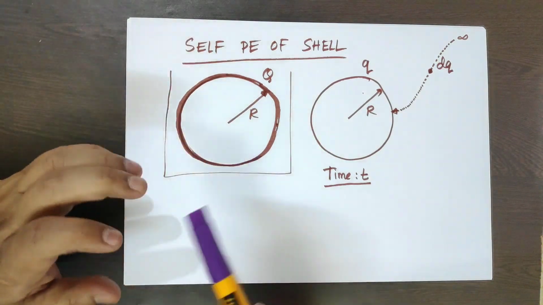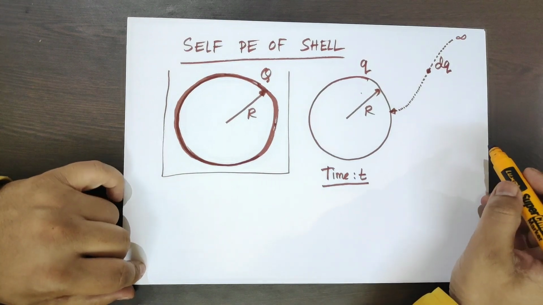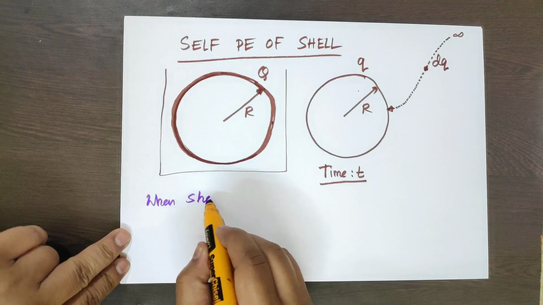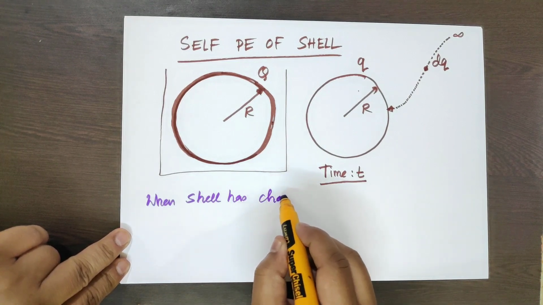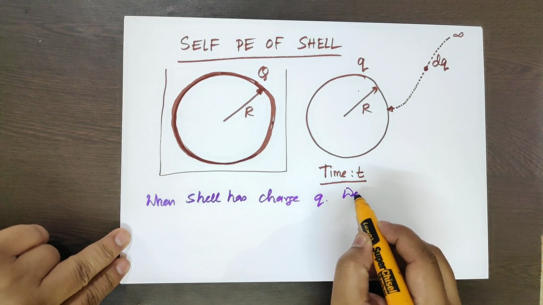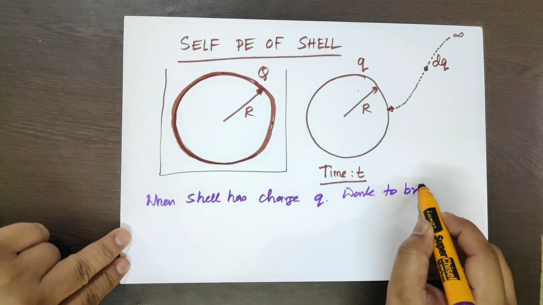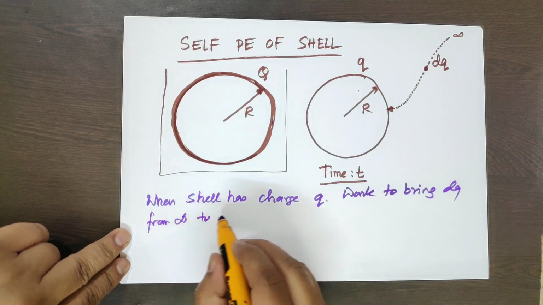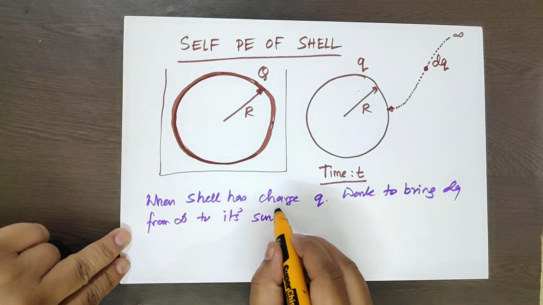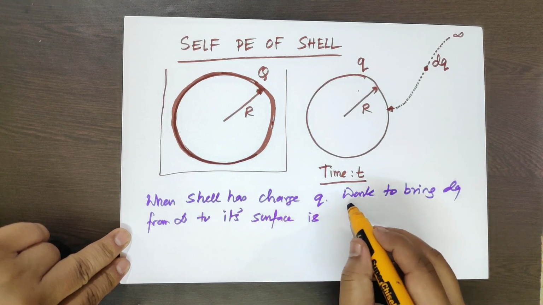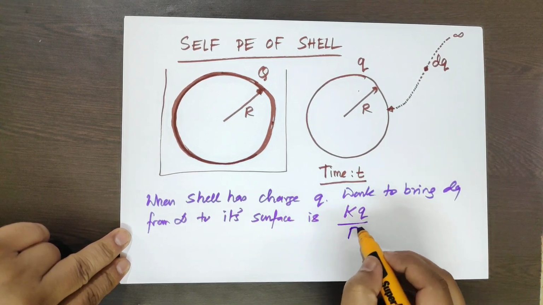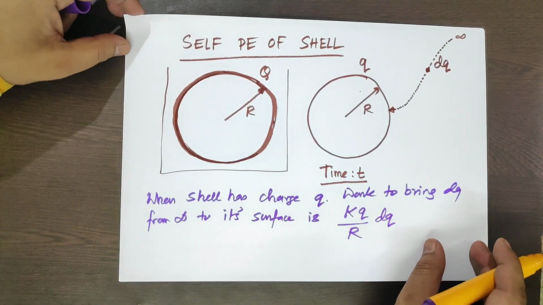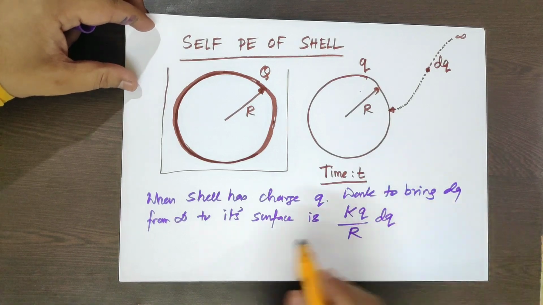So, what is the work done to bring dq? So, when the shell has charge q, work to bring dq from infinity to the surface of the shell is kq by R, potential, multiplied by dq, right? So what is the total work done? Total work done to charge.